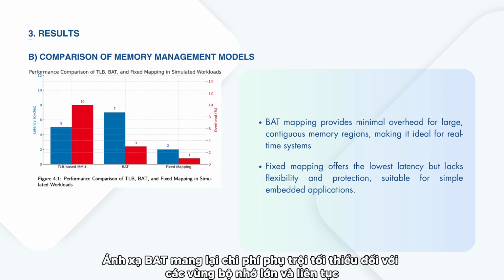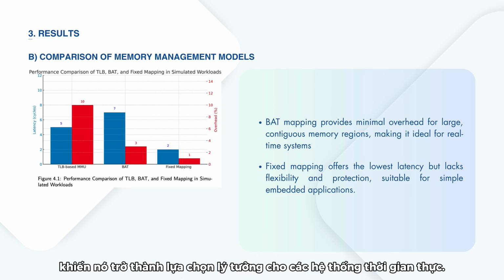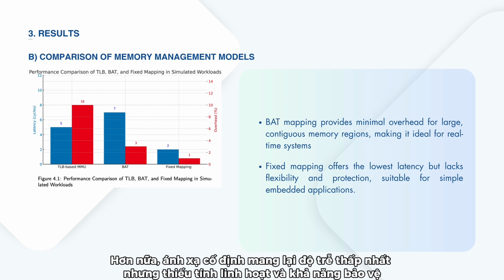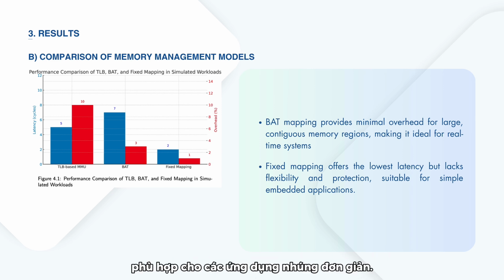The first one is that BAT mapping provides minimal overhead for large and contiguous memory regions, making it ideal for real-time systems. Moreover, fixed mapping offers the lowest latency but lacks flexibility and protection, which is suitable for simple embedded applications.